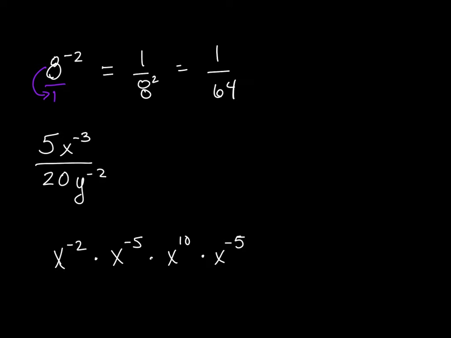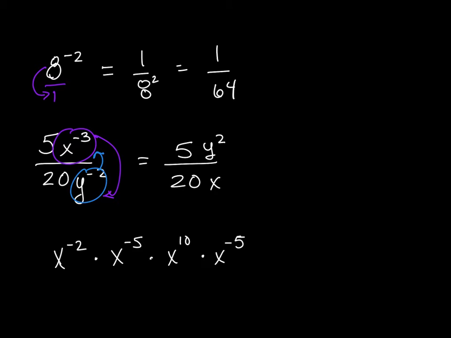Now for the next one, what I have here is the x to the third is going to go to the denominator, and the y squared is going to go up. That's going to leave me with 5 y squared over 20 x to the third. But I will tell you right now, I will not be happy if you leave this fraction this way.